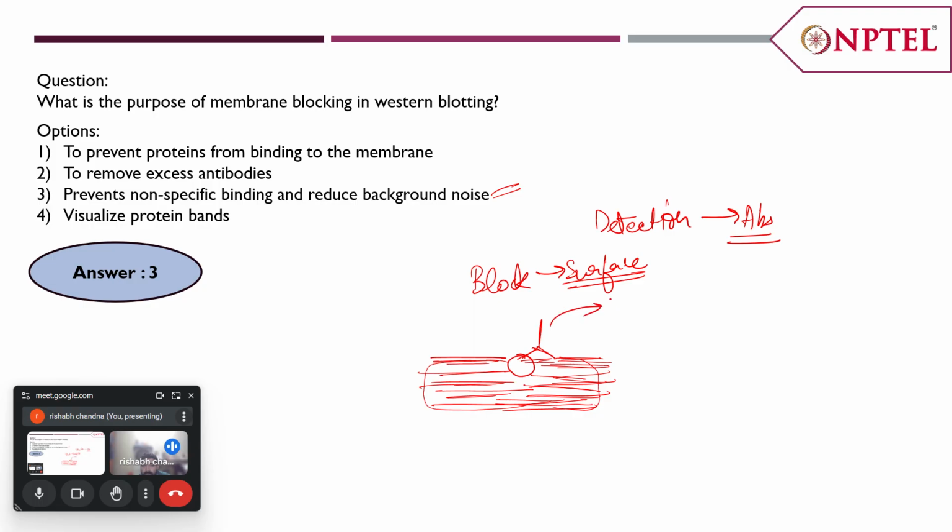This would increase the specificity and the signal of those particular proteins, and secondly reduce noise. So the correct answer is to reduce noise and the non-specific binding of the antibody. In any assay utilizing antibodies, this blocking step is necessary.